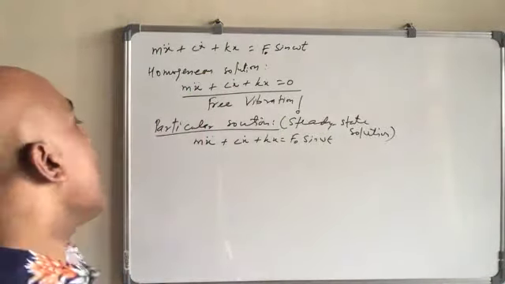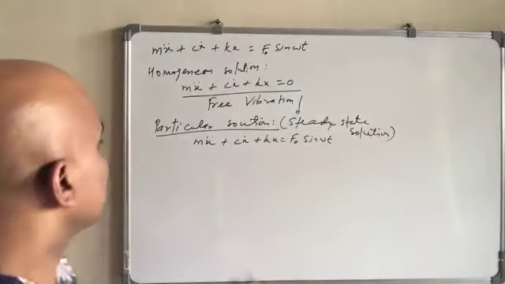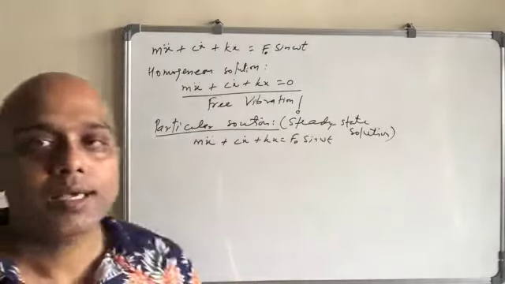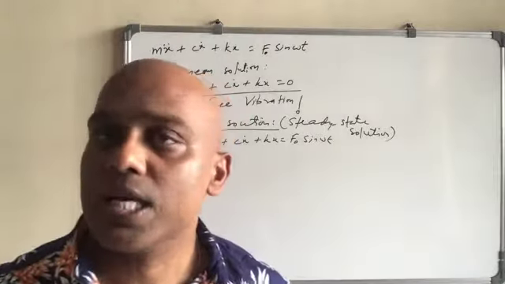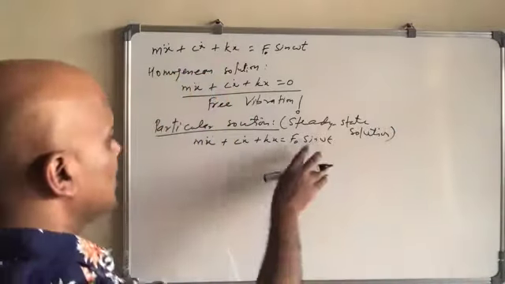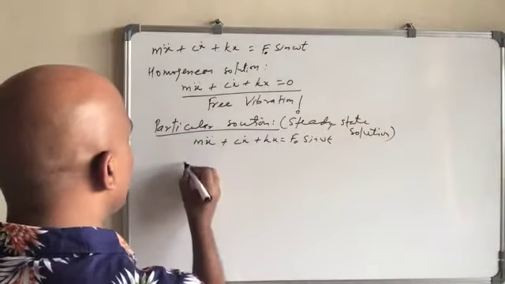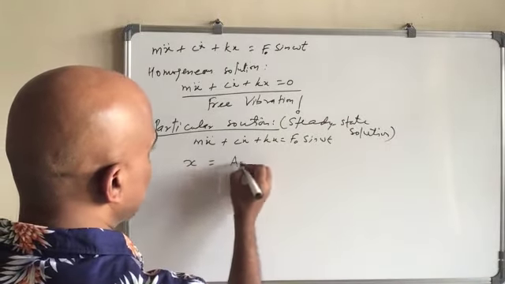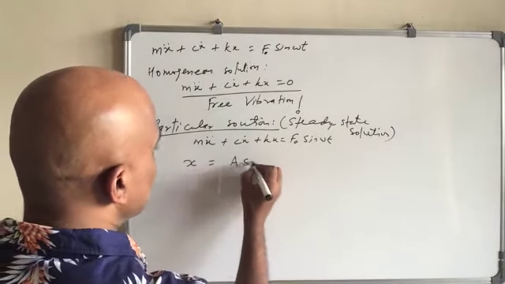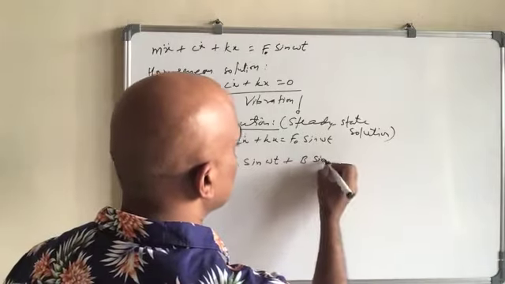Okay. Now, given this equation, we have to find the particular solution. As you must have studied in your mathematics course, the particular solution will be of the form x equal to A sine omega t plus B cos omega t.